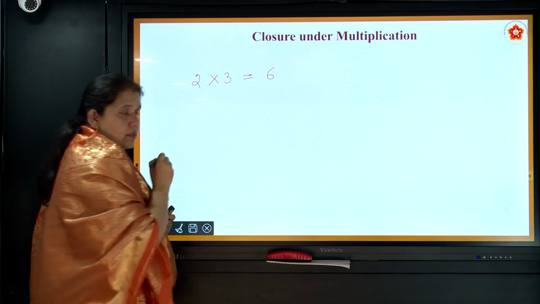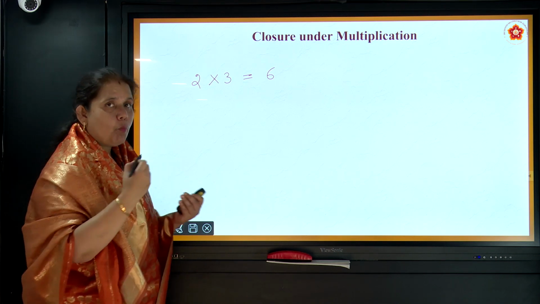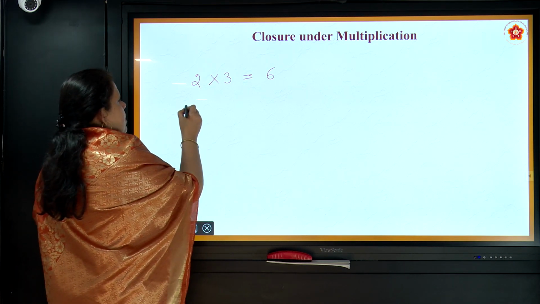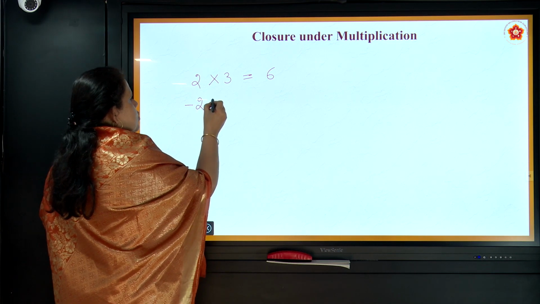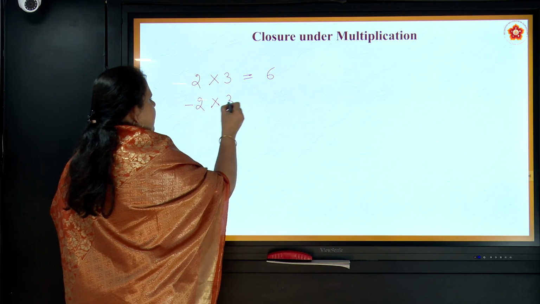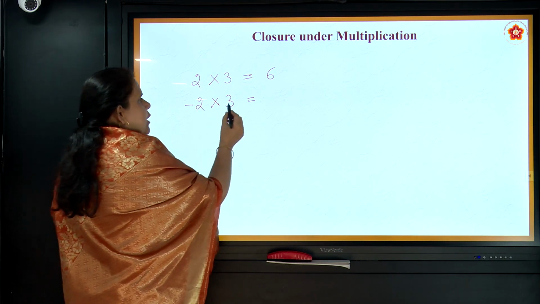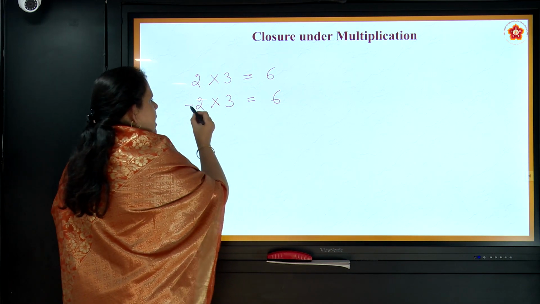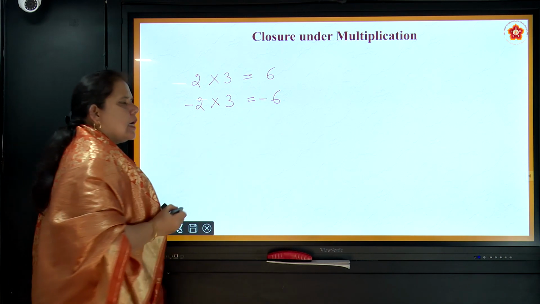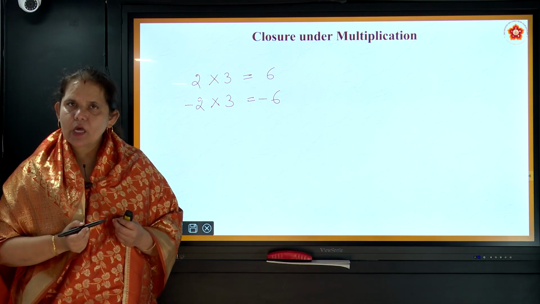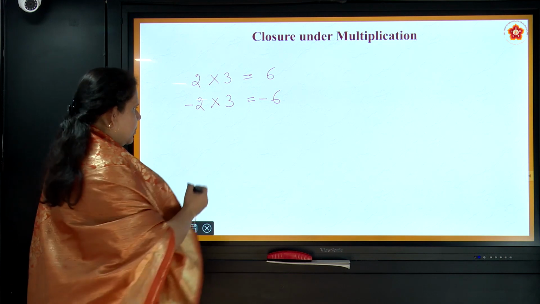It is 6. We will take more integers. If it is minus 2 multiplied by 3, what would be the answer? 2 into 3 is 6, and since one of the numbers has negative sign, so answer is minus 6.